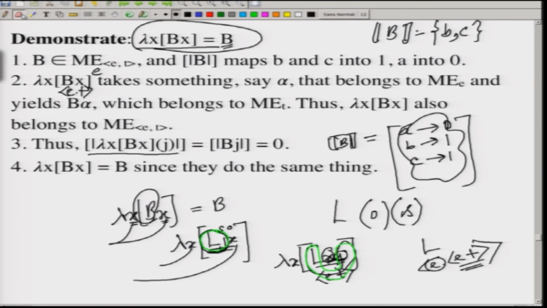I just do this again, because otherwise I will be confused. So, what was it? It was actually lambda x L x j. So, then this x will disappear after I add an argument to it.